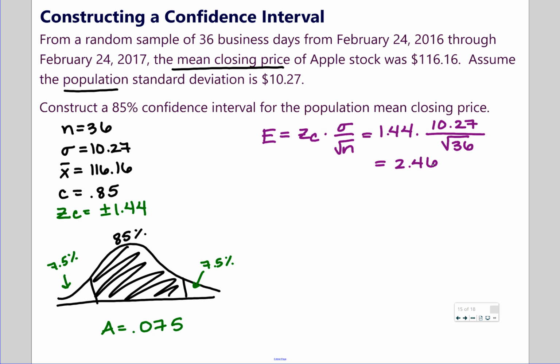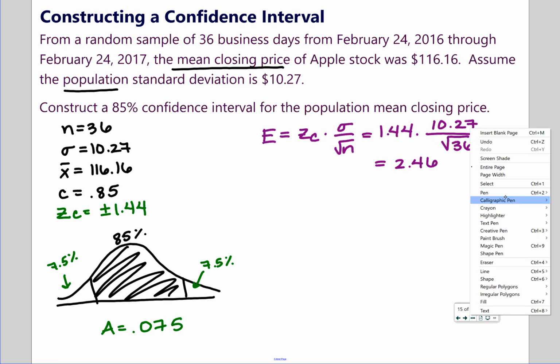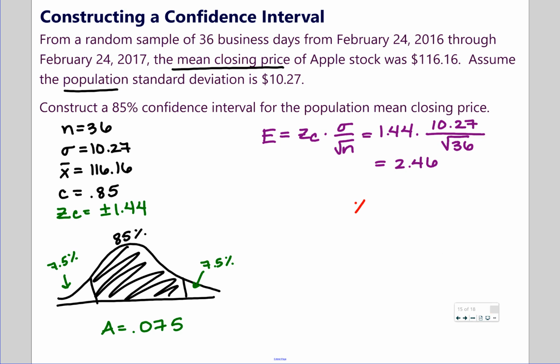Okay. Once I have that, to get my confidence interval, I'm going to add and subtract that margin of error onto my sample mean. So 116.16 plus and minus 2.46. If I subtract, I get the bottom end of the interval. If I add, I get the top end of the interval.